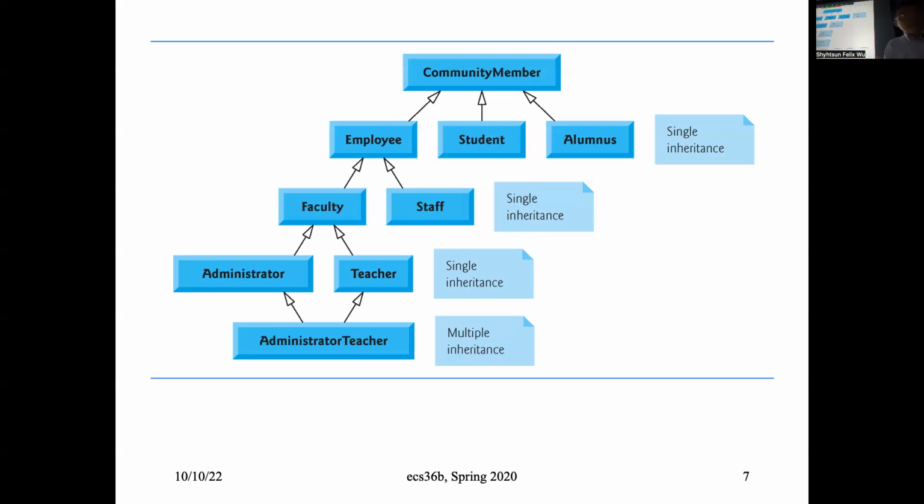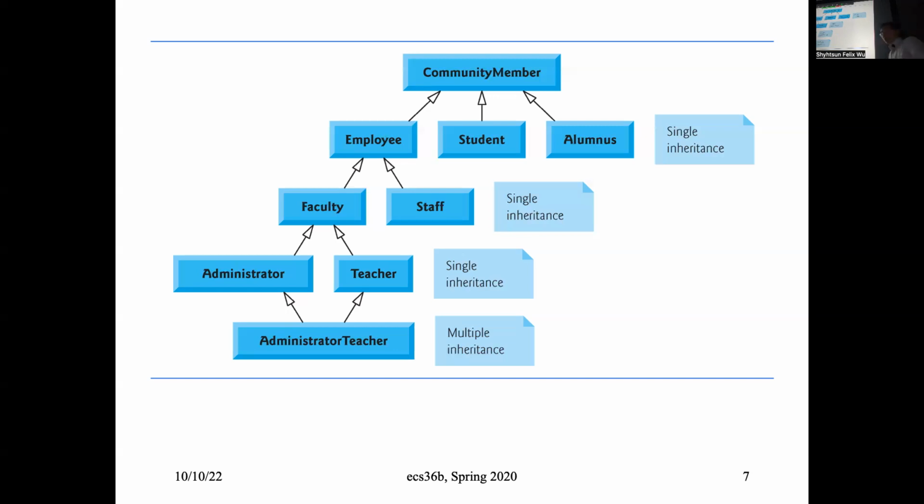So you will expect a teacher to behave, interact, or react to anything that a community member should respond to. So that's a concept. It's a very nice way of abstracting a relationship among a community like UC Davis.